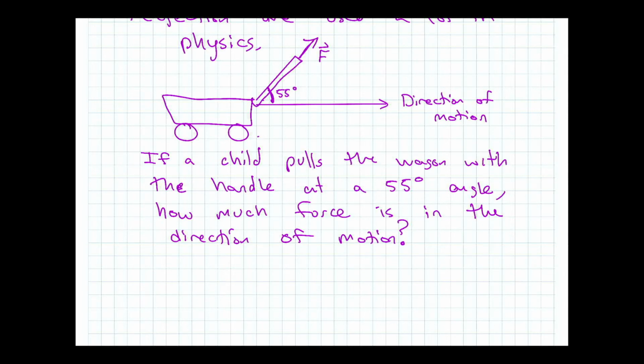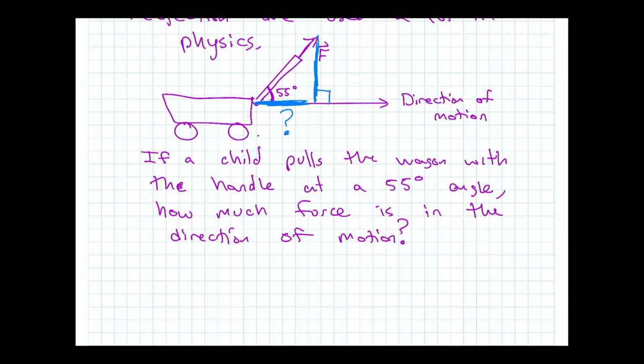Because you simply bring this down here like this. There's that angle. And then you've got this right here. So basically what you would be looking at is the vector projection. It would be the projection.